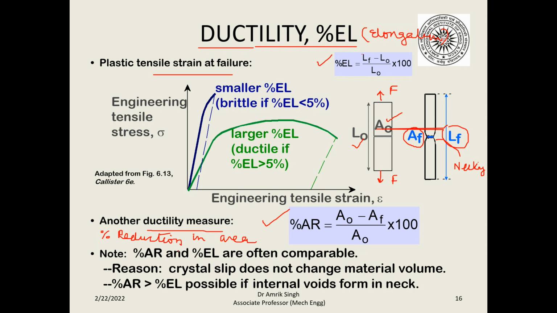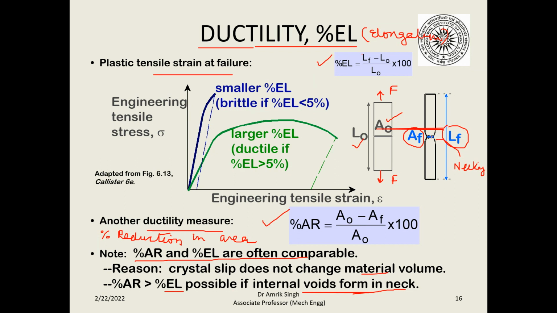They are often comparable, because crystal slip does not change material volume. Percentage reduction in area is greater than percentage elongation in length, possible if internal voids form in the neck.